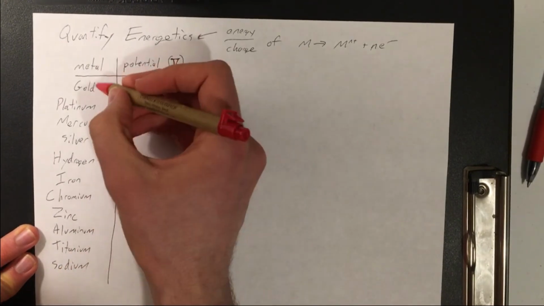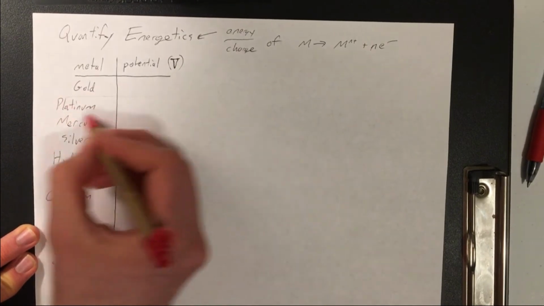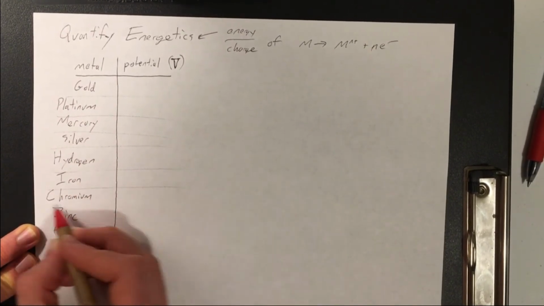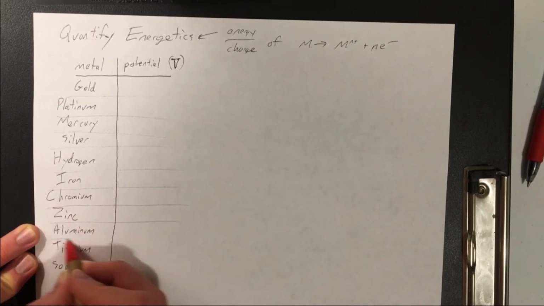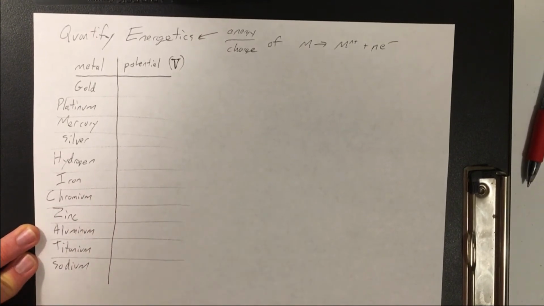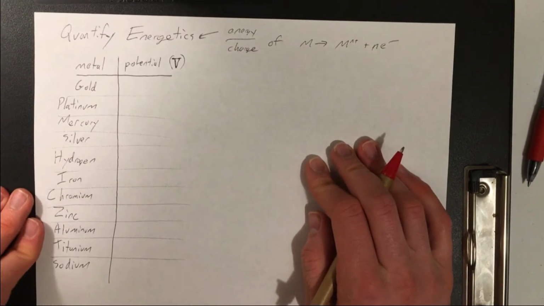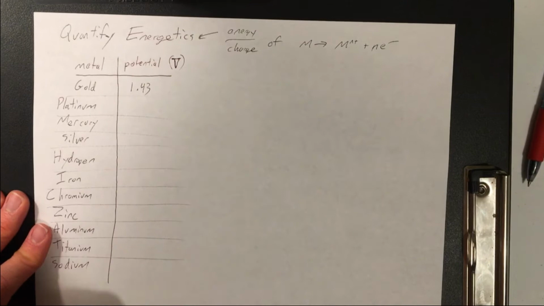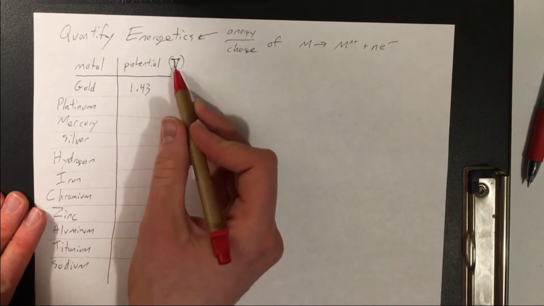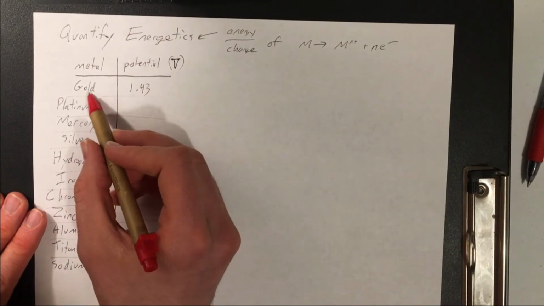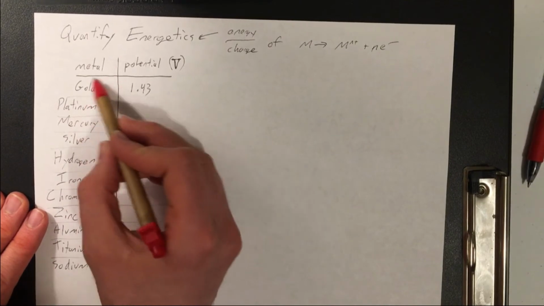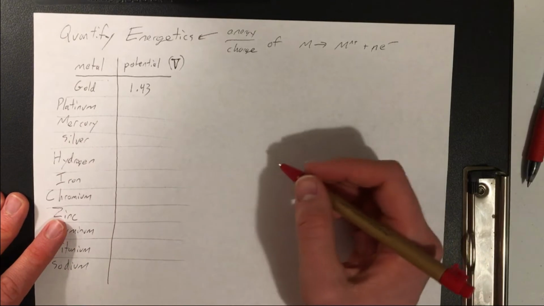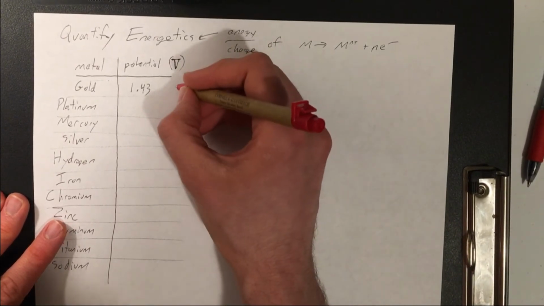All right, so we have a whole bunch of metals here that you might have seen before, sometimes in the context of biomaterials, sometimes in other contexts. And let's put down the potentials here. Gold is a positive 1.43 volts. That means that it takes more energy to pull the electrons off of gold than it does to pull the electrons off of hydrogen.